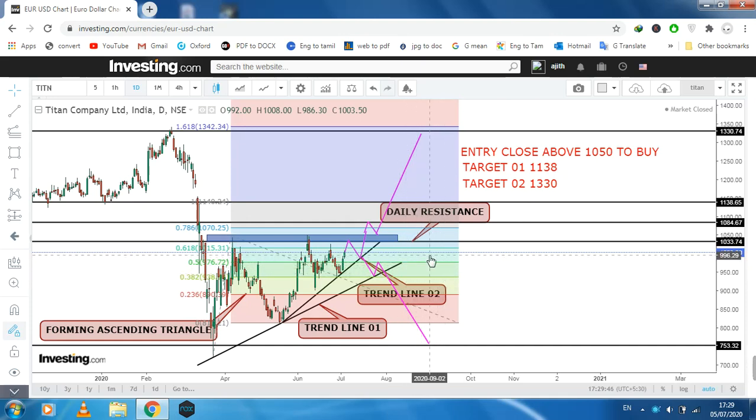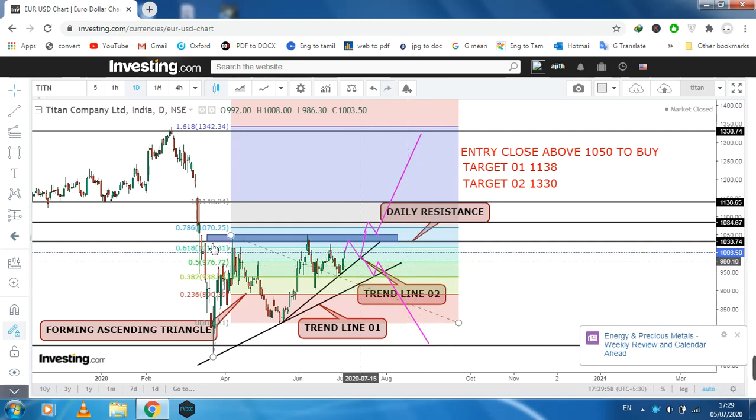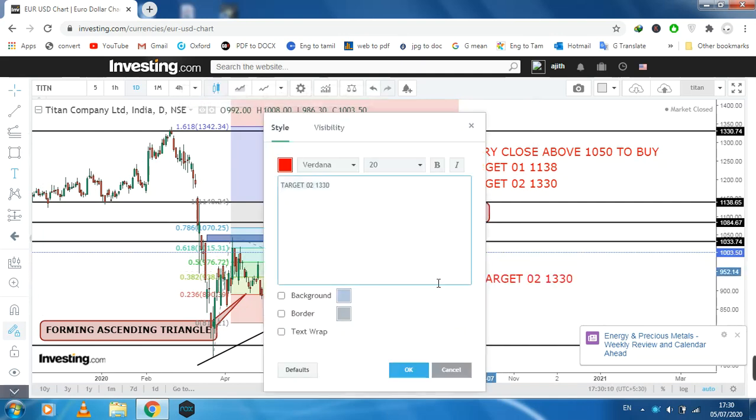If the entries have a chance, a lot of areas have a chance to entry, because the market normally can play here, otherwise the market goes here also. Entry for sell: close below trend line 1.